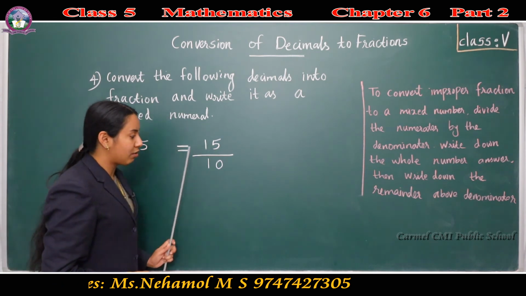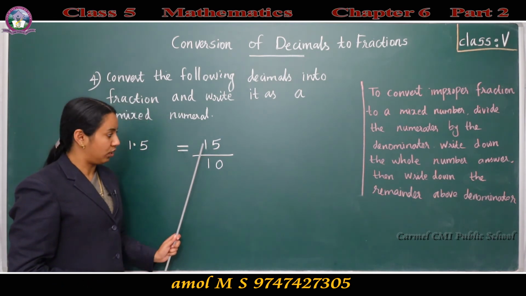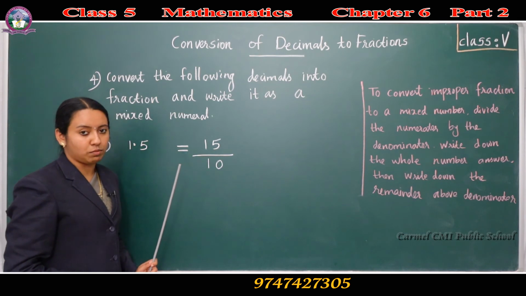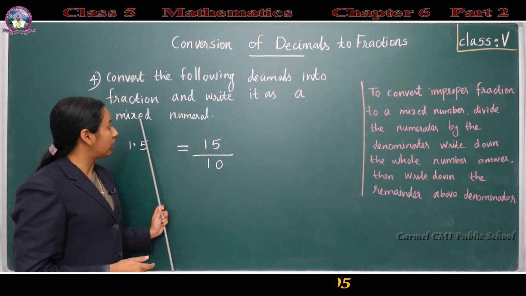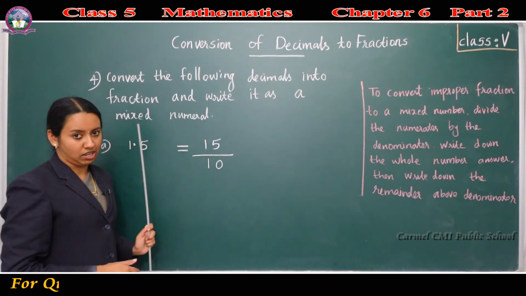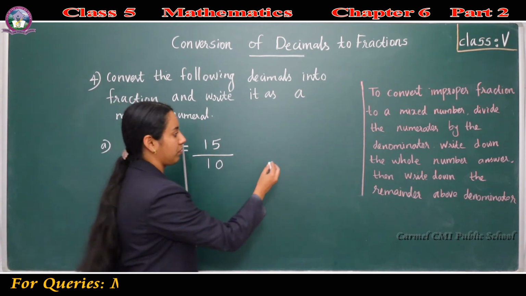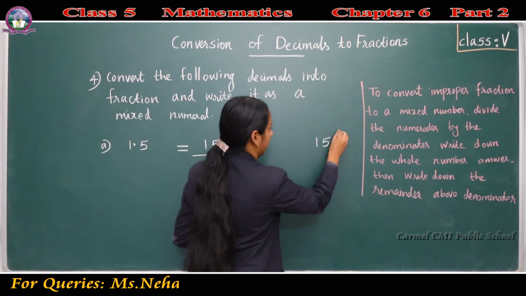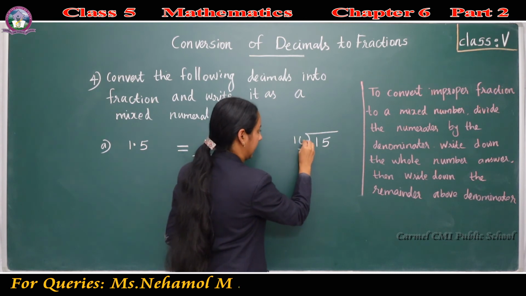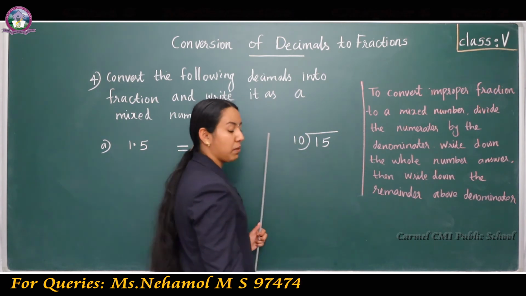This is also an improper fraction, since the numerator is greater than the denominator, so we have to convert it to a mixed numeral. 15 divided by 10.